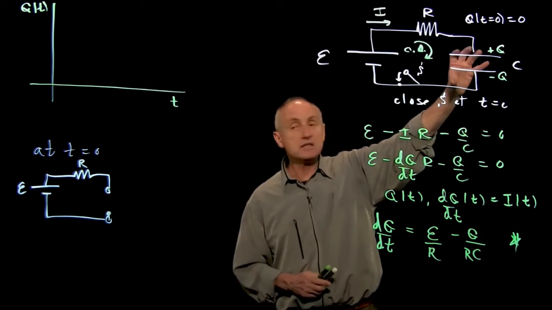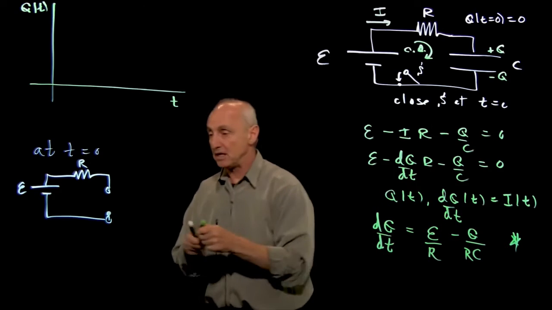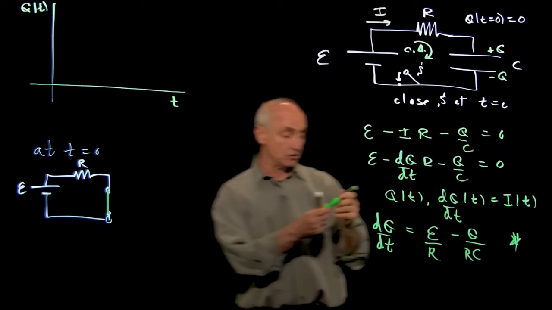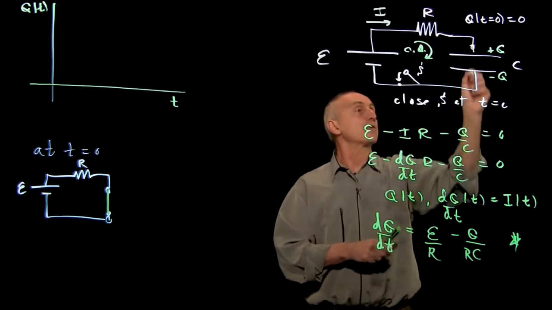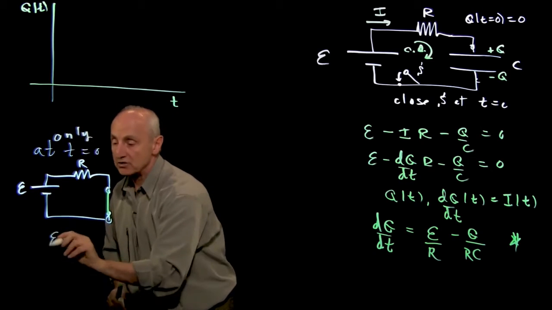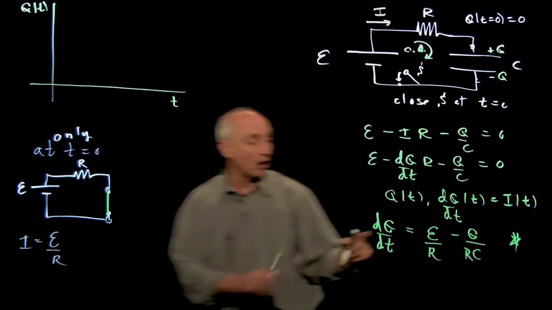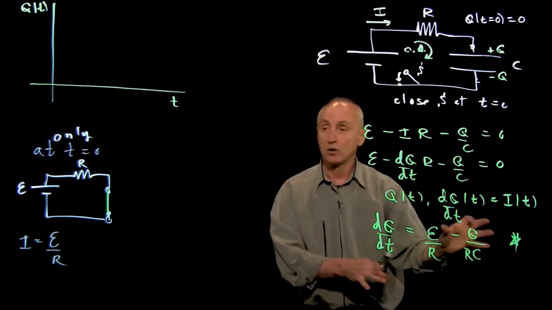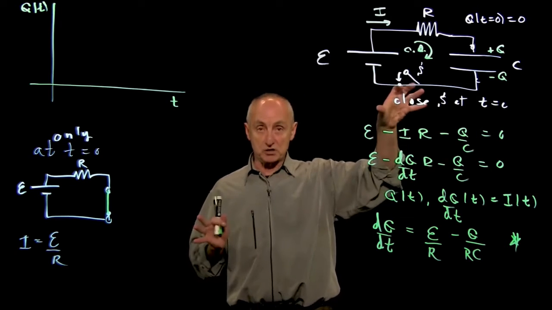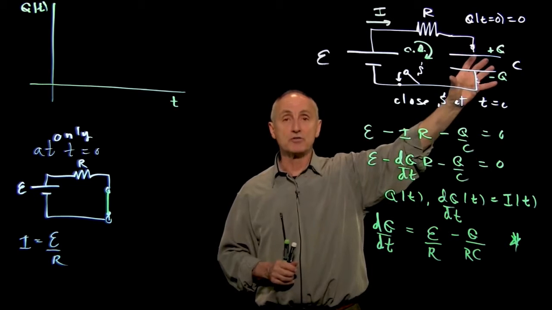The capacitor is acting like a short at t equals 0, which just means a resistance-less wire is connecting the two terminals of the capacitor. This is only at t equals 0, and you can see that the current is E over R when there's no charge. So when you just close the switch, the capacitor acts like a short. It has no effect on the circuit.